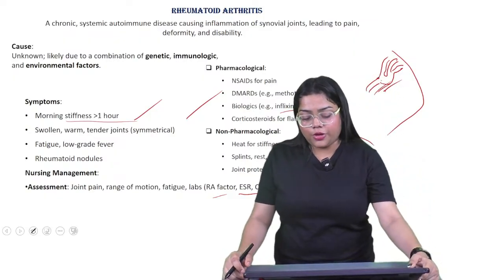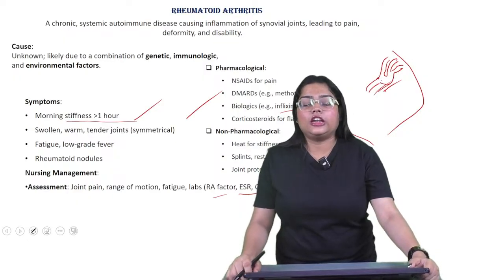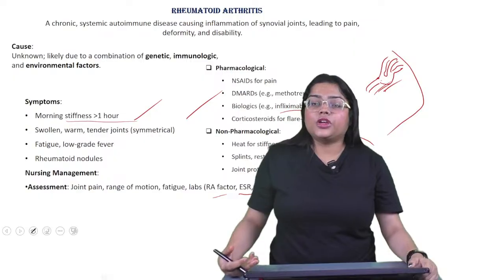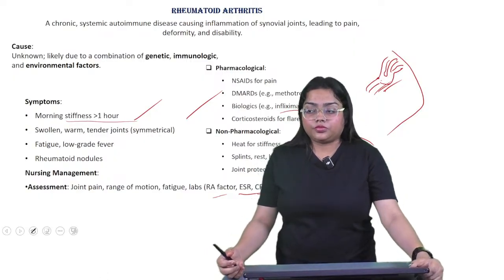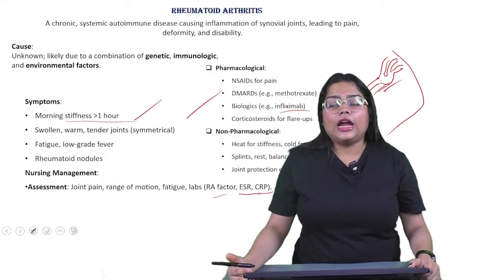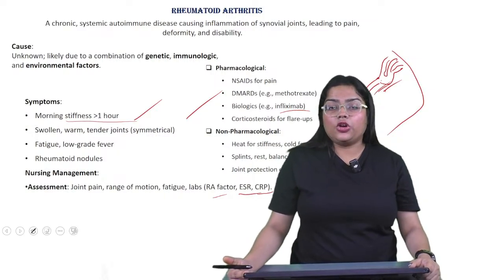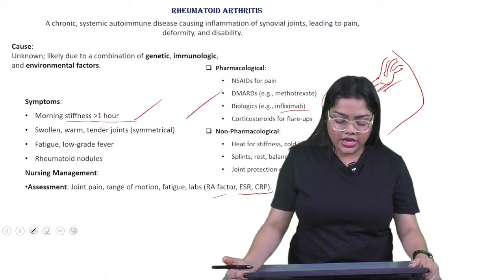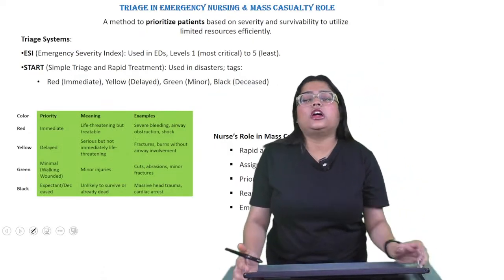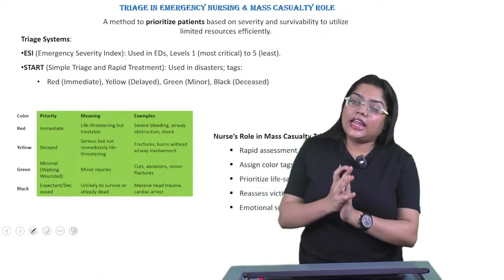And lastly, joint protection education is needed, like consuming cod liver oil, how to mobilize our body, and how much exercise is needed. Yoga and all these things we can provide in the non-pharmacological treatment. So that was about rheumatoid arthritis.